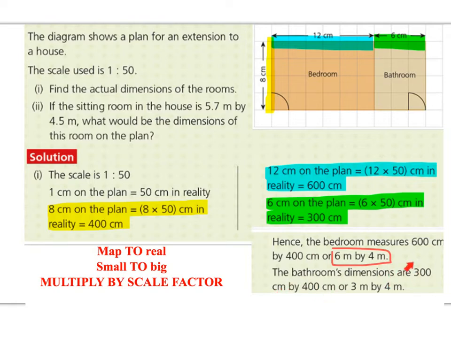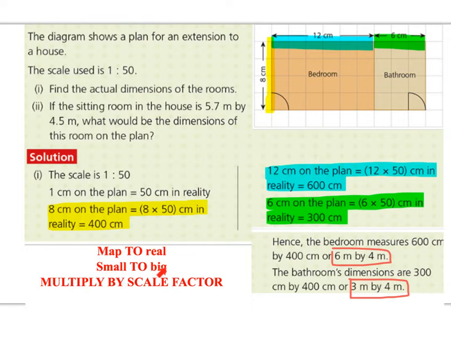And again, dividing 300 by 100 gives us 3 metres. And dividing 400 by 100 gives us 4 metres. So we can say the actual dimensions of the bathroom are going to be 3 metres by 4 metres in real life.